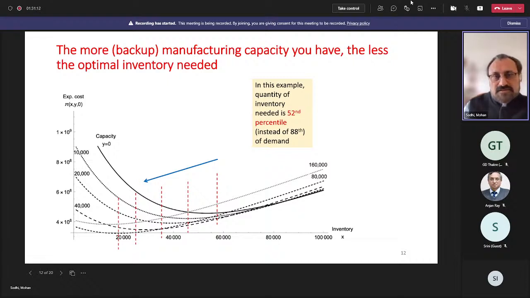So the more manufacturing capacity you have, the less inventory you need to keep. For example, in the same numerical example, the inventory you need is only the 52nd percentile, which means roughly the median. So half of the years you will have enough inventory, half of the years you would have to use some backup capacity.